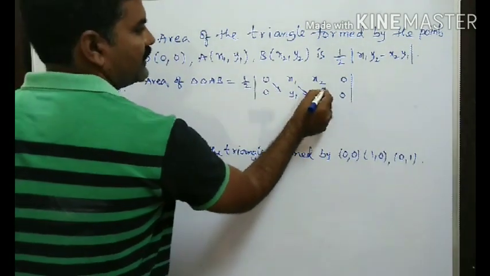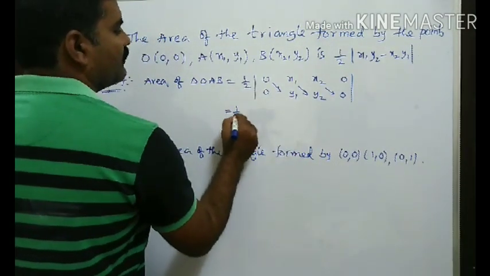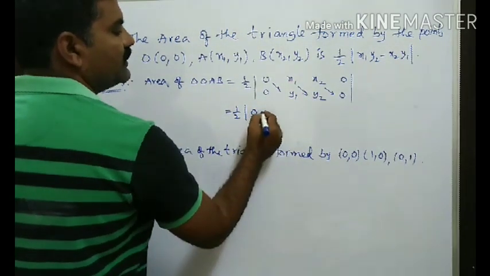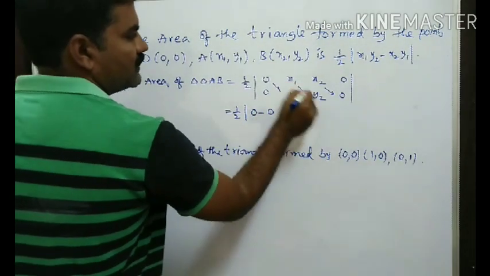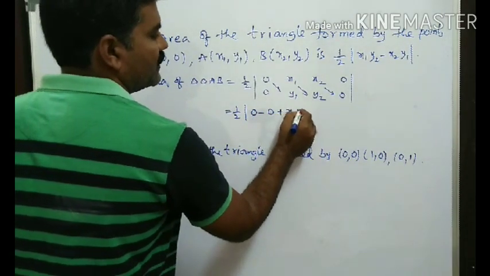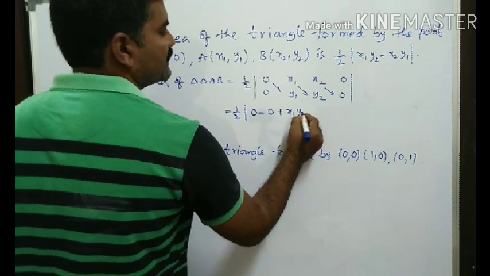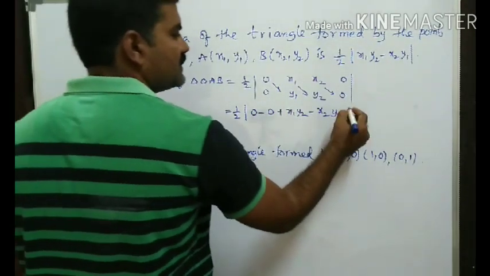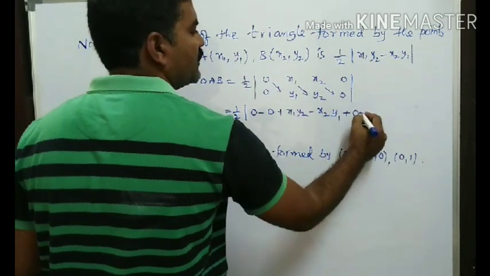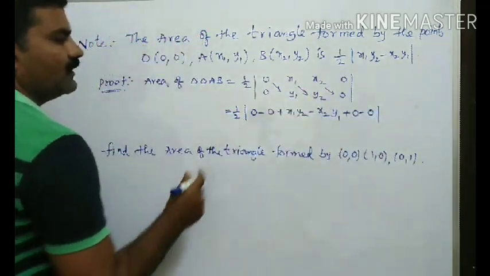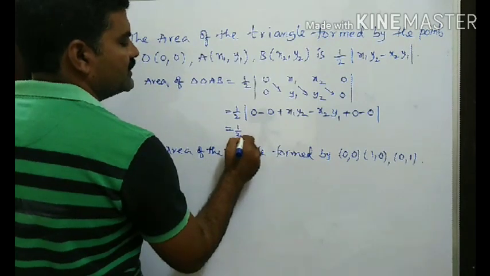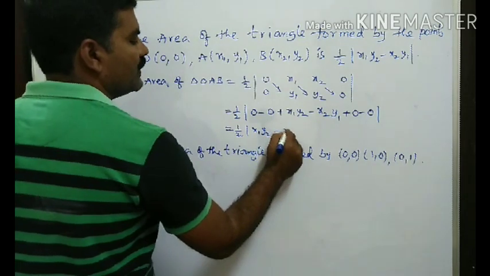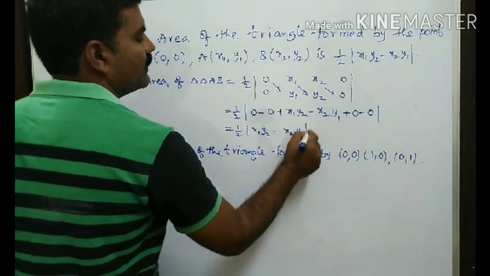Let us simplify this. Half modulus of 0 into anything is 0, and 0 into anything is also 0. Now this is x1 y2 plus 0, minus x2 y1, and this part is also 0. Finally it equals half modulus of x1 y2 minus x2 y1.